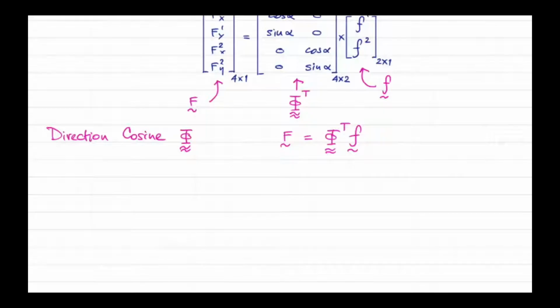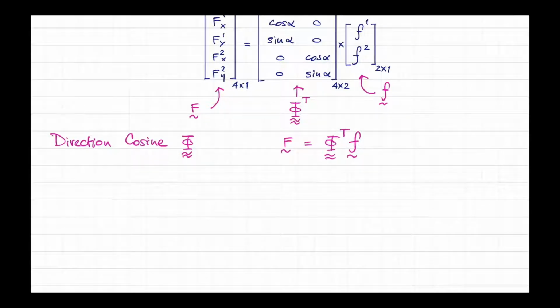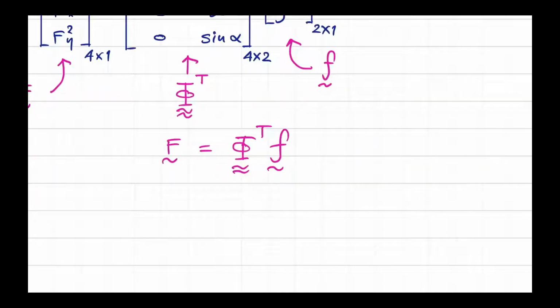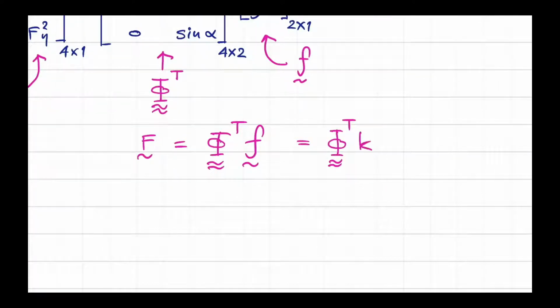Then as you have the F equals to phi times f, then we can just substitute the f by local coordinate stiffness matrix k times u. So both of them are local.